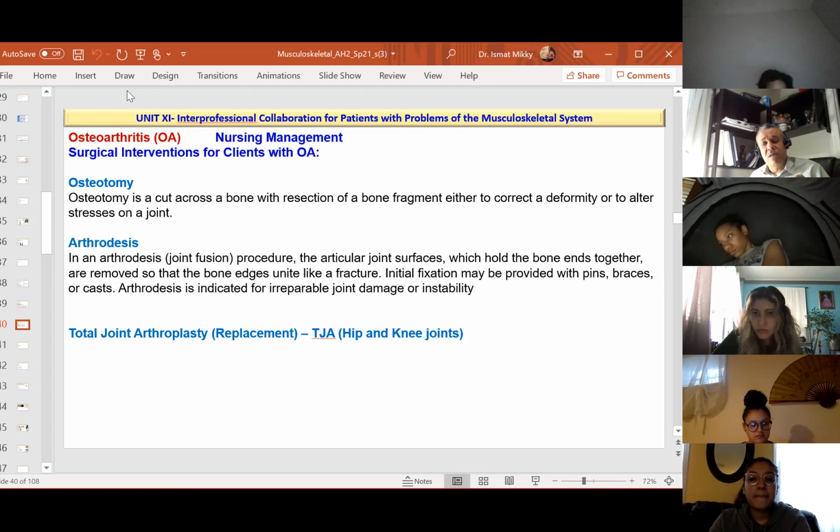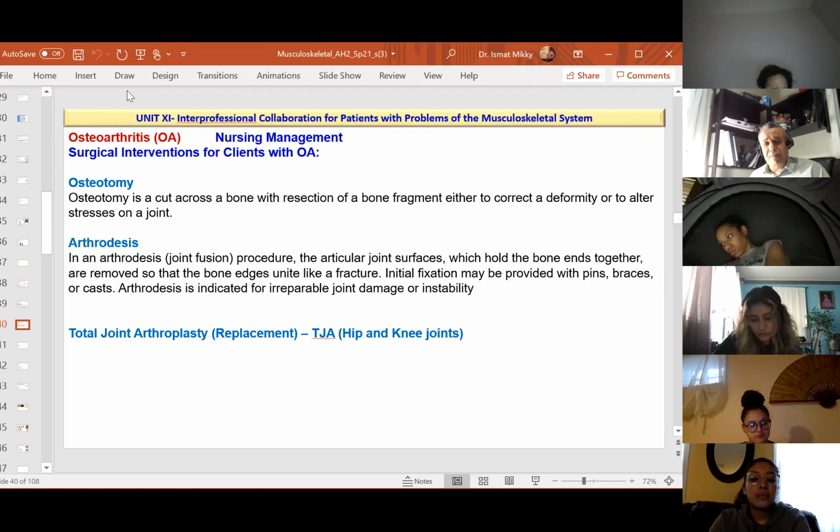Osteotomy means they cut across the bone with a resection of a bone fragment, and that can be done to correct deformity. Sometimes babies are born with anomalies and deformities, and osteotomy can be done for that. Or if there is stress in the joint due to the osteoarthritis, we can do an osteotomy.